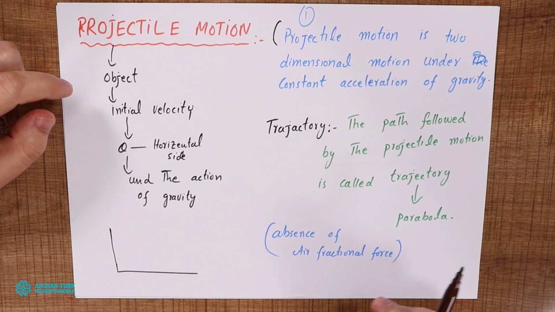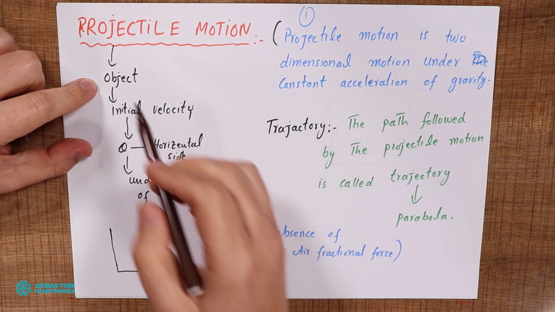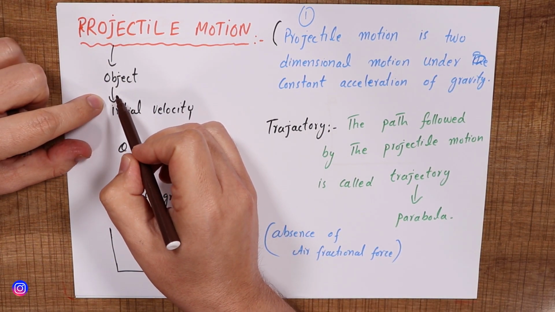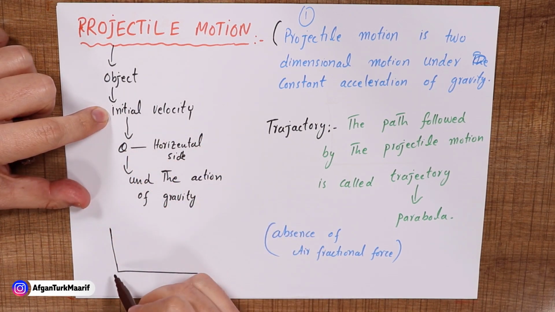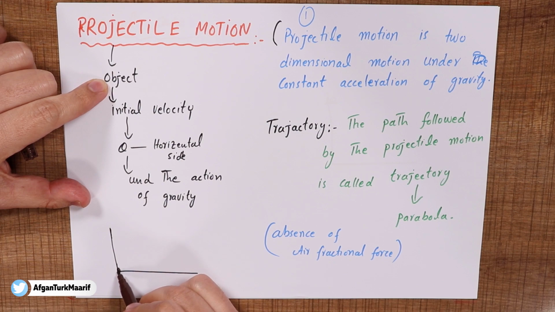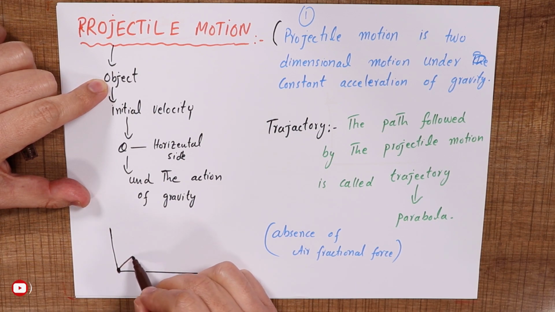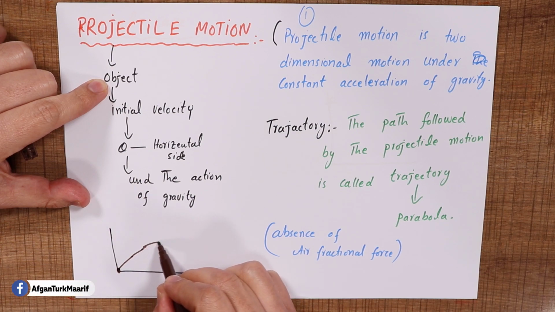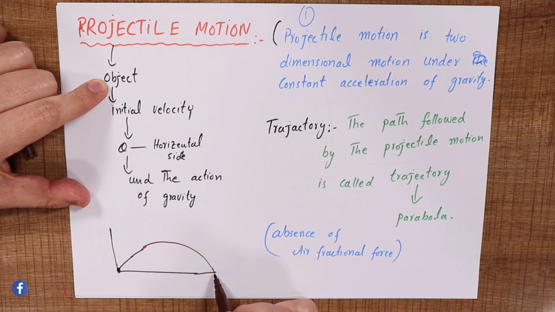For example, if we have an object, let's suppose this is the ball, and I apply some initial velocity, after some time it will follow a path like this one.